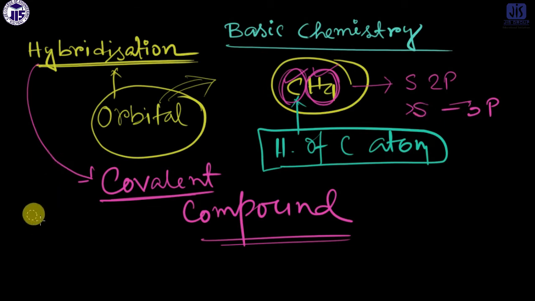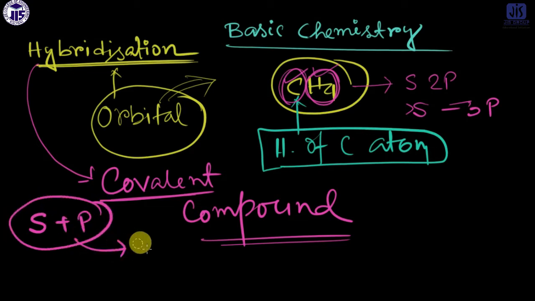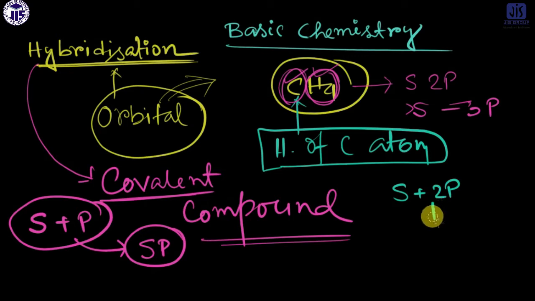If one s orbital and one p orbital are involved, then we call the hybridization of the central atom sp. But if in the compound one s orbital and two p orbitals are involved, then we call this sp2.